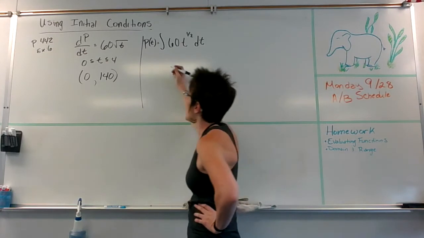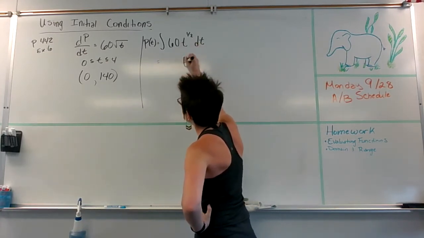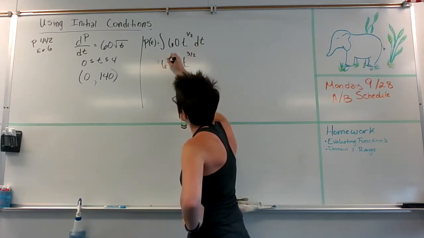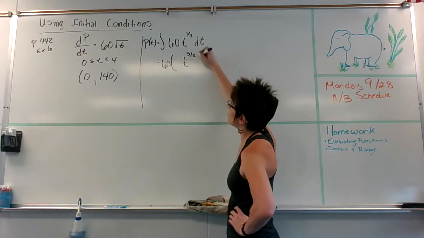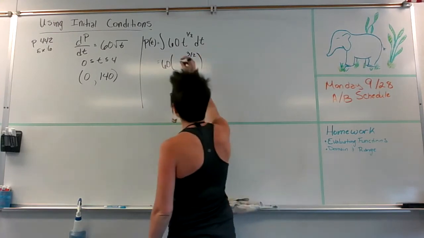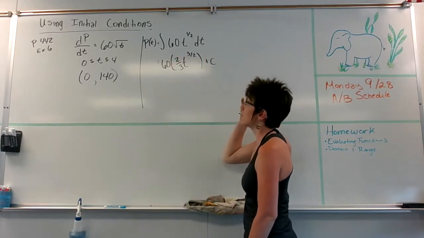All right, let's begin with an antiderivative. Let's increase the power by 1. So that becomes 3/2. And then divide by the new power, or really a matter of multiplying by the reciprocal, 2/3. And then plus C, my constant of integration.